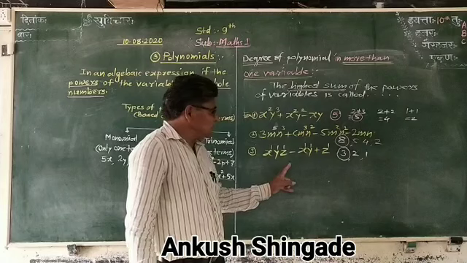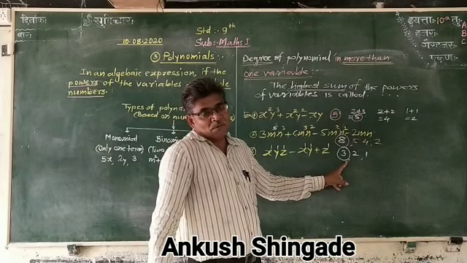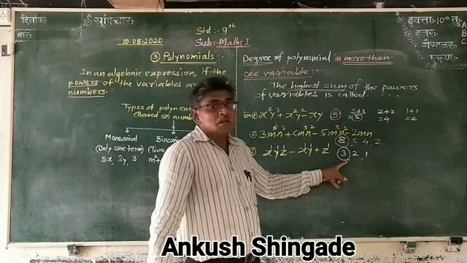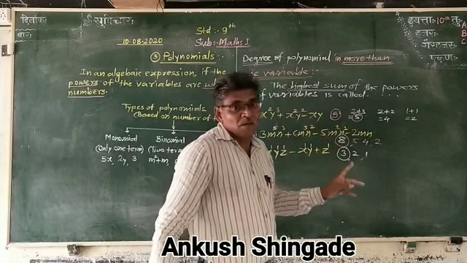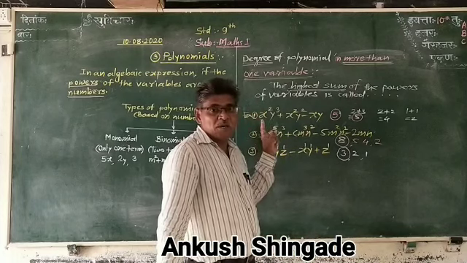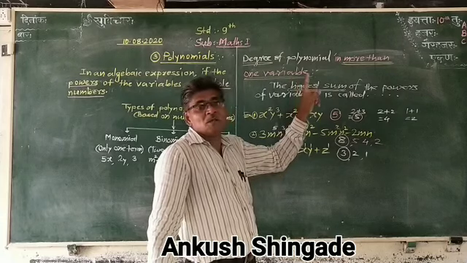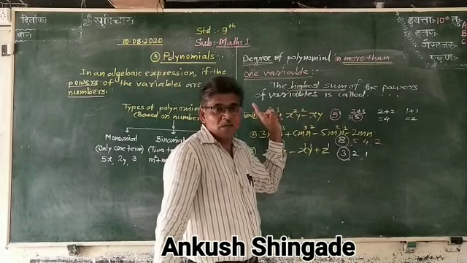Therefore the degree of this polynomial is 3. So these are some examples of the degree of the polynomial in one variable and the degree of the polynomial in more than one variable.